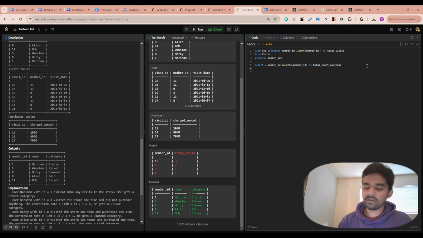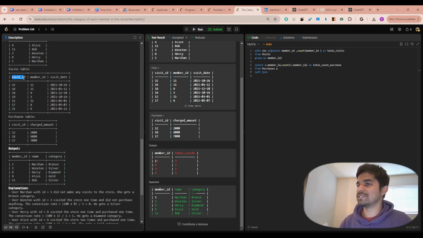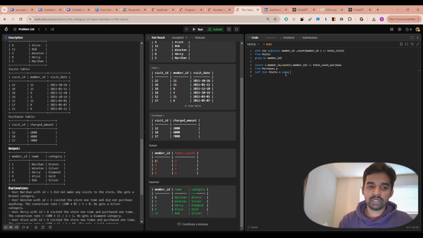The next step is, of course, using the purchase table. The alias for the purchase table is P, and we would be left joining the visits table by using the visit ID. As I've said earlier, the alias for the visits table is V, using visit ID.